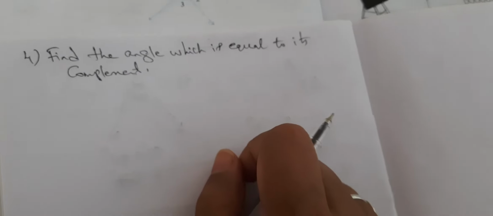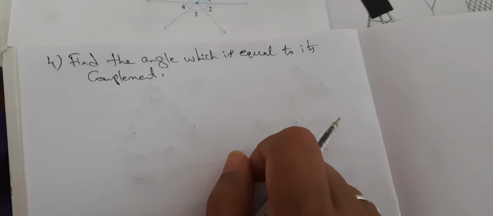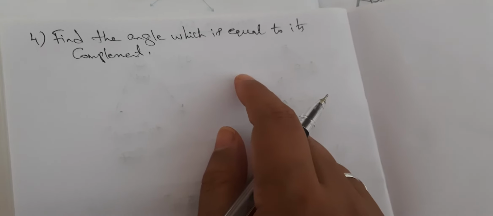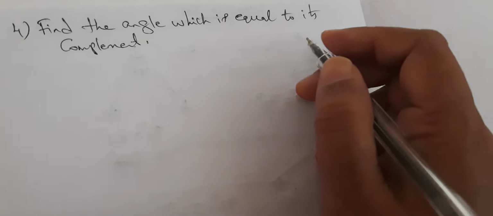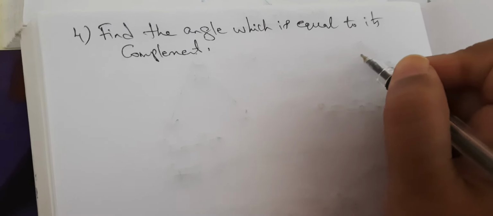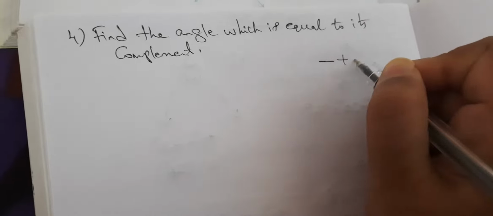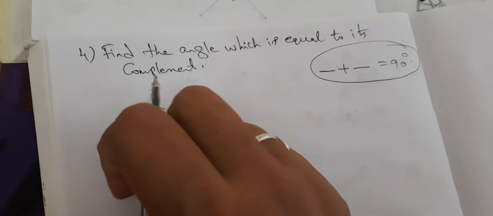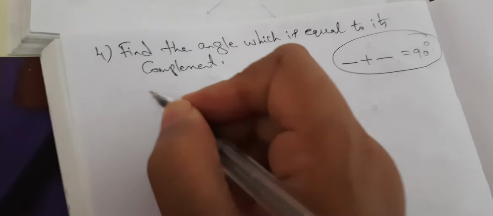Now here they are asking find the angle which is equal to its complement. Here they have not given any numbers. So now we have to find out which angle will be equal to its complementary. Complementary is how much, students? We have to get 90 degrees. When we add two angles we should get 90 degrees. This is for complementary. So now we don't know the numbers.